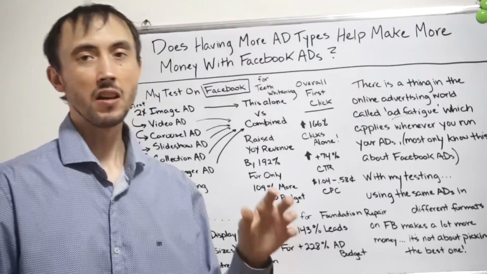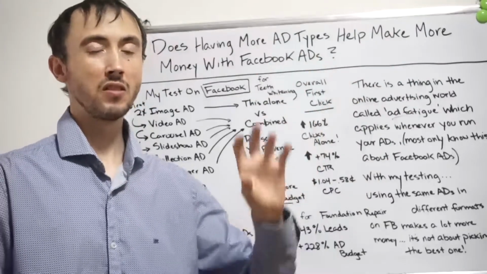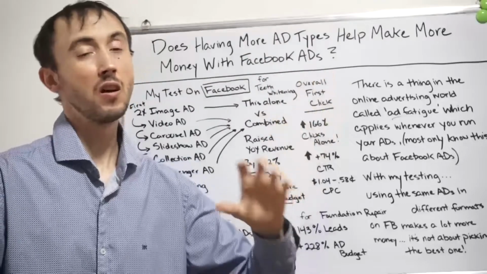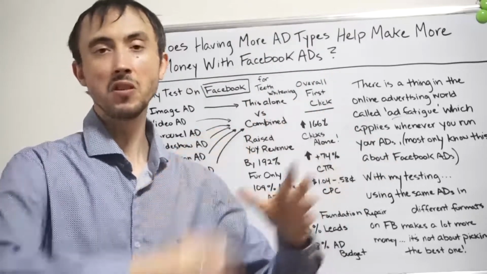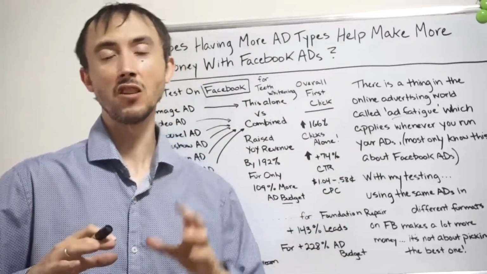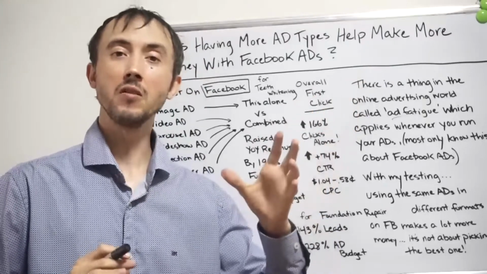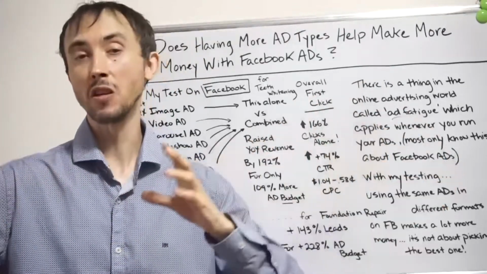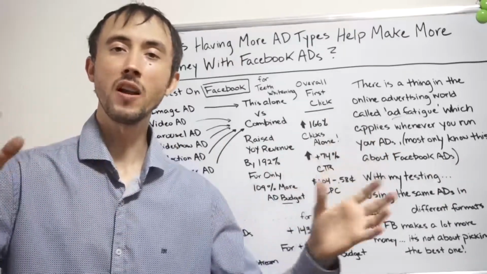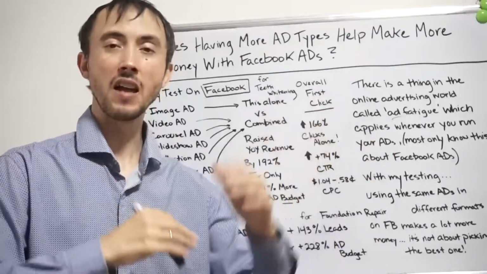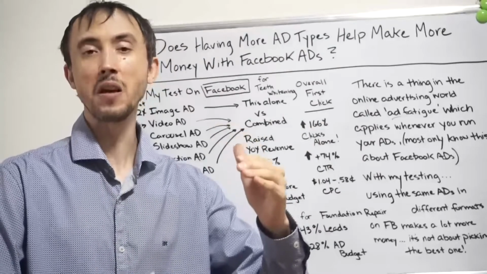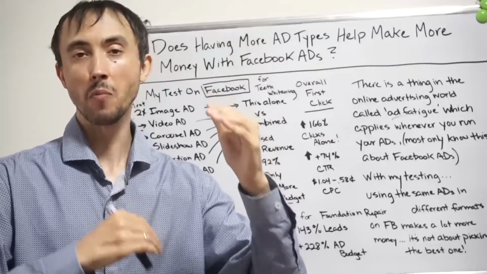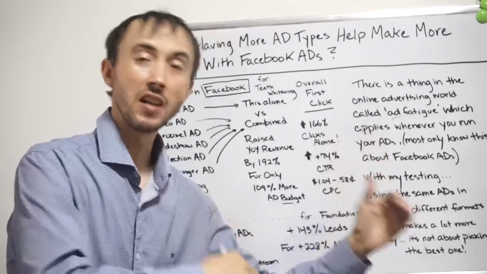So you'll get an increased amount of people coming through because there's stuff that's new, but also with the different ad types, certain ones will catch people's attention more than others. And what will catch a person's attention is different in different circumstances for each person. So that's why you want to have all these different ad types, because you get a big boost and help on your campaign there, as well as cutting down on the ad fatigue.